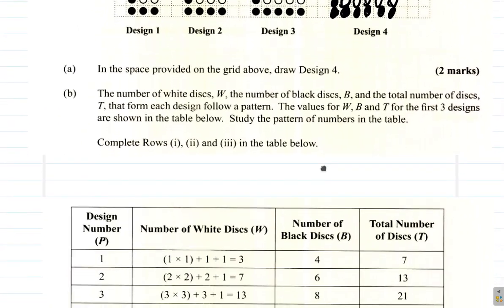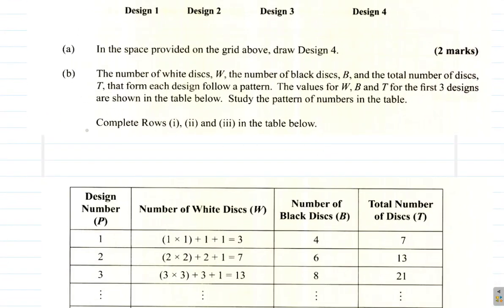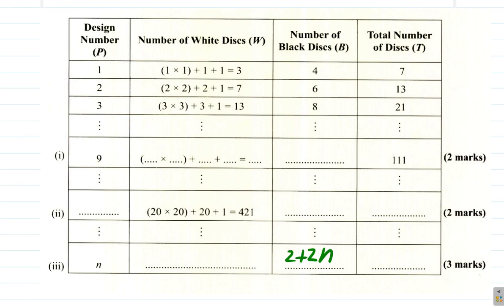This seems to form this particular pattern. For 1, we have 1 by 1, as we see here. For design 2, we have 2 by 2. For design 3, we have 3 by 3. So it seems as if for design n, we're going to have n times n.